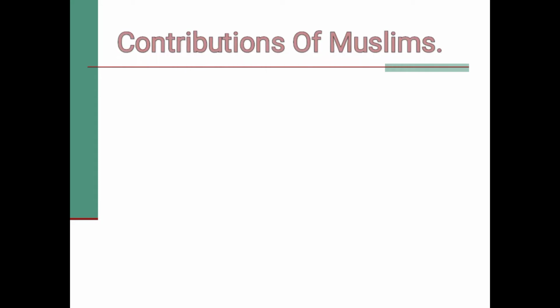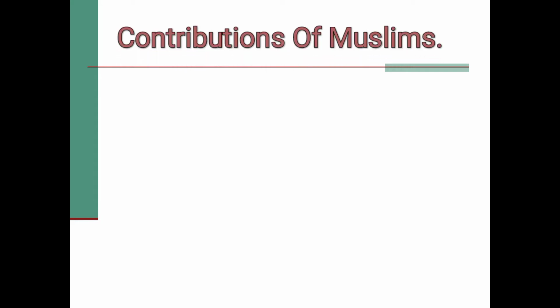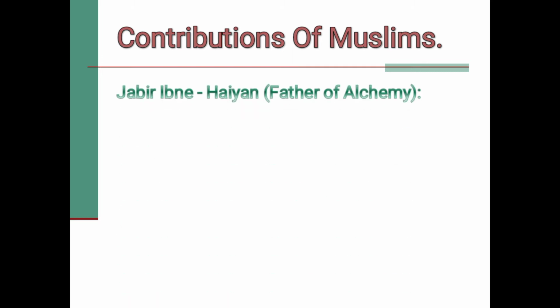Now after that the Muslim era started, and as you all know, Muslim scientists played a vital role in the field of chemistry. The most important scientist was Jabir ibn Hayyan, the father of alchemy. What is alchemy?